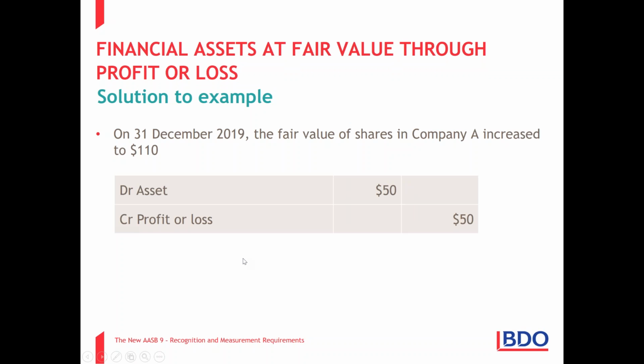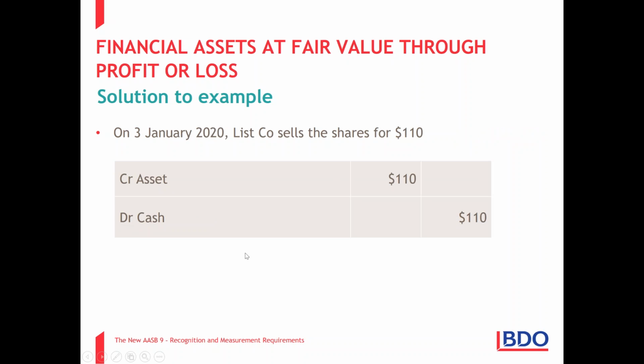Then in the next year, when the fair value goes up to 110, we're going to say debit the asset, the movement of 50, credit profit and loss 50. The good thing here, if you look at the previous slide, the loss went through profit and loss, and here the profit goes through profit and loss.